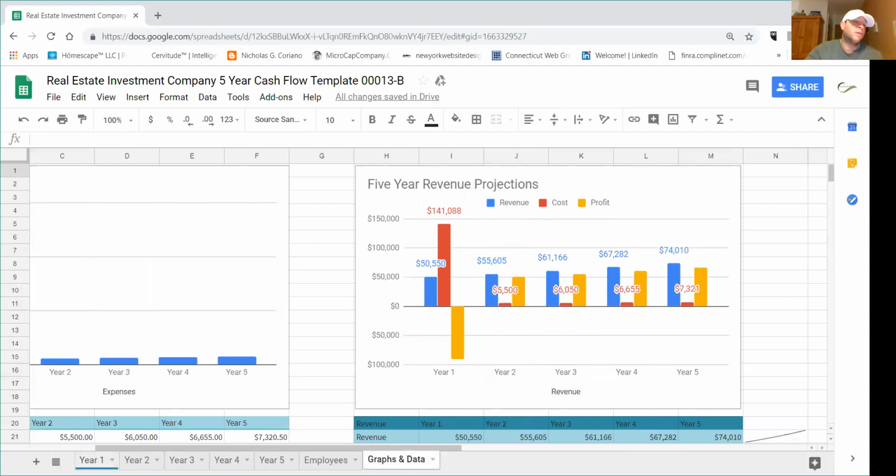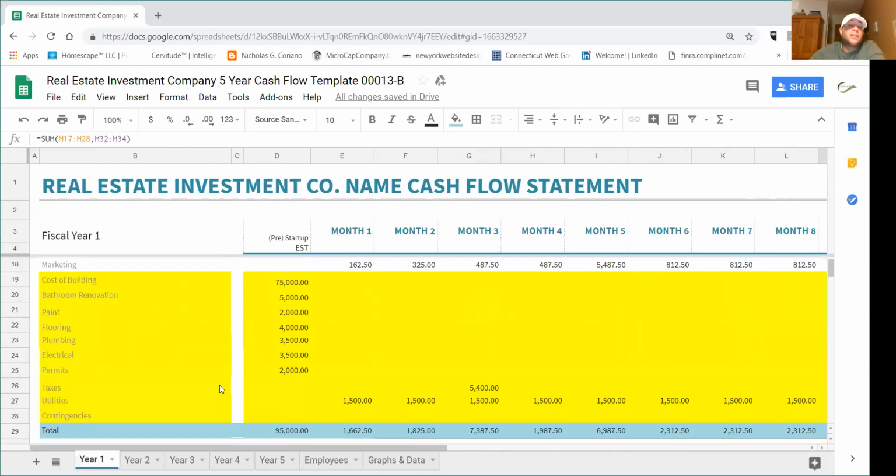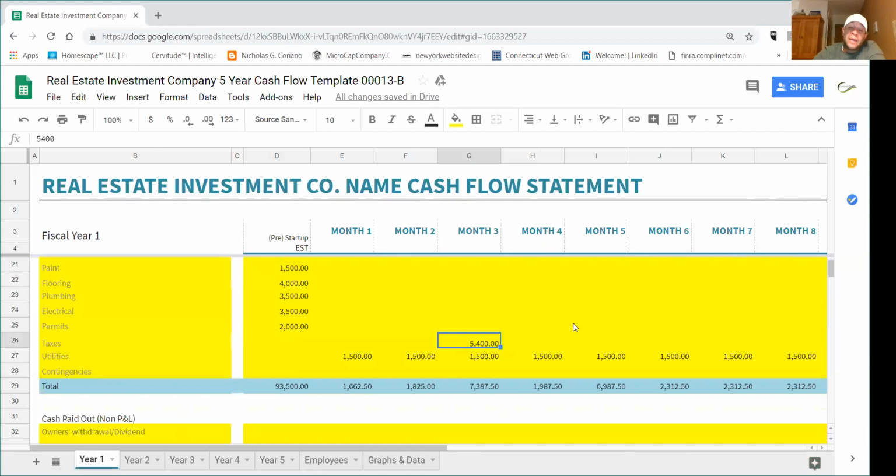Anyway, this is how you look through a deal and see if it's good, no good, how much it's going to cost you. If these numbers don't make sense, one of the things to do here is see if you can get a cheaper contractor. Maybe the paint you can do for $1,500, and all of a sudden the numbers start making sense. Or maybe you can get a tax abatement, so instead of the $5,400, you're paying $5,000.